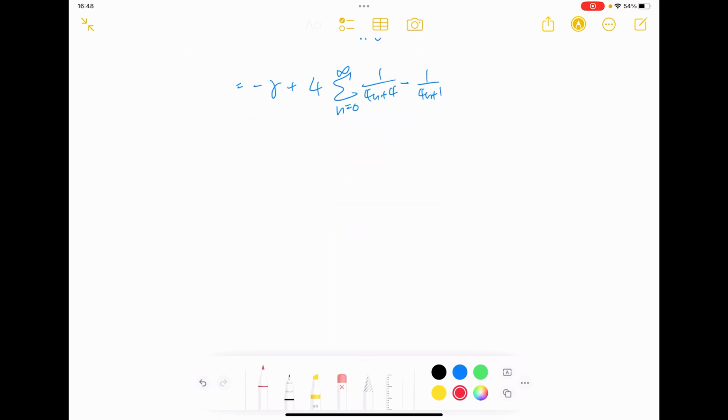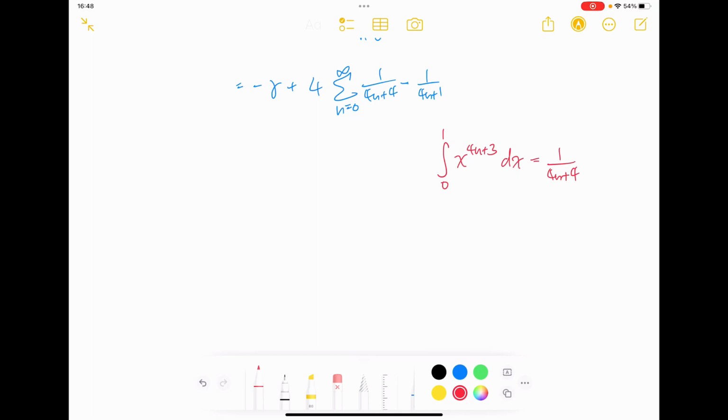We're going to use the fact that the integral from 0 to 1 of x to the 4n plus 3 dx, when you integrate this, you add 1 to the exponent, so it's going to be 4n plus 4 in the denominator. So it's 1 over 4n plus 4 because the bounds make the x 1.